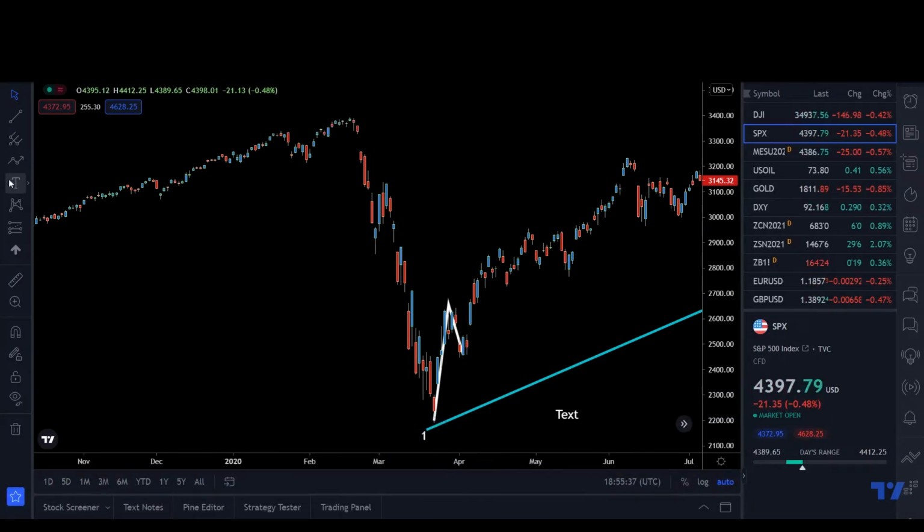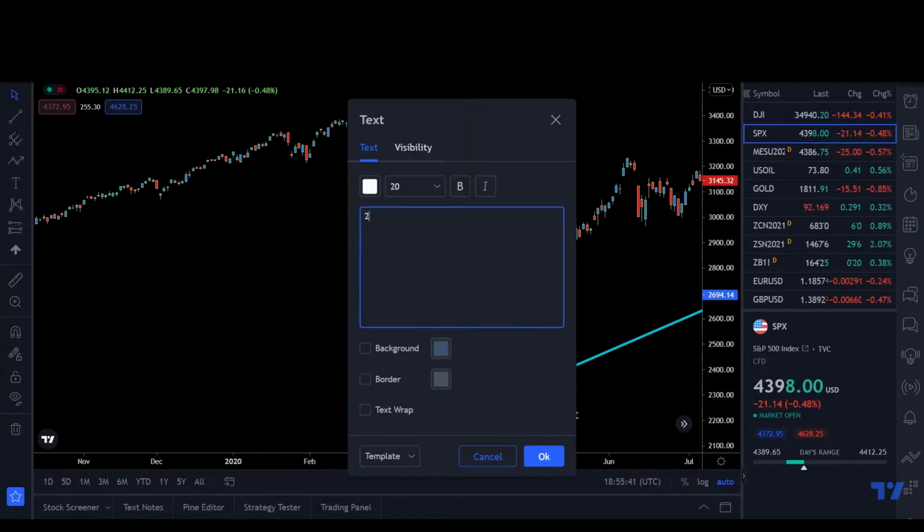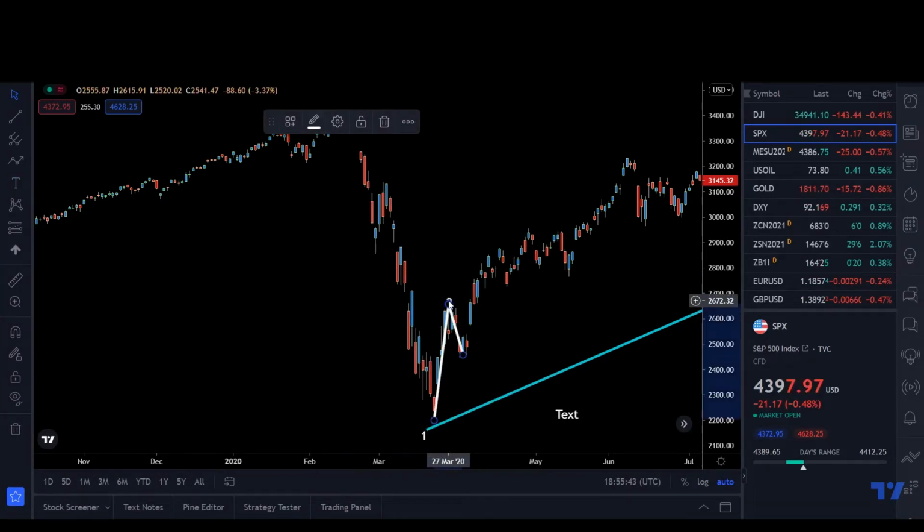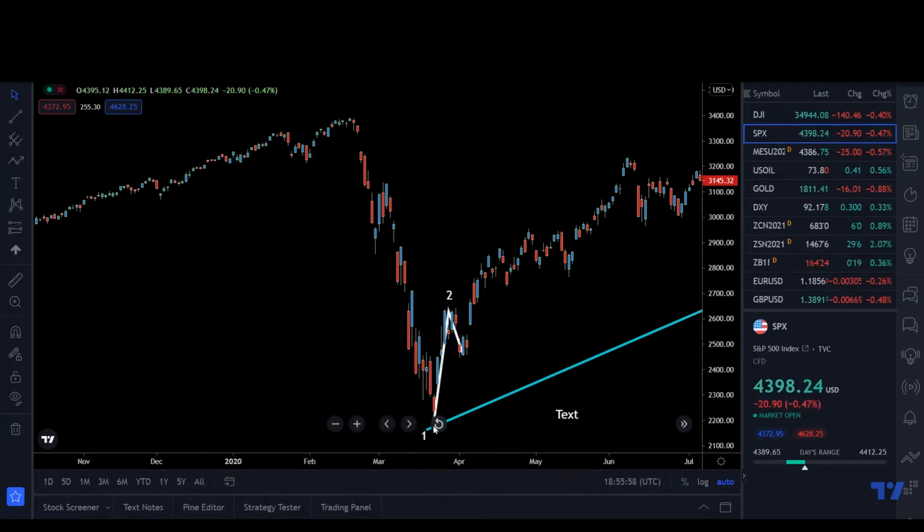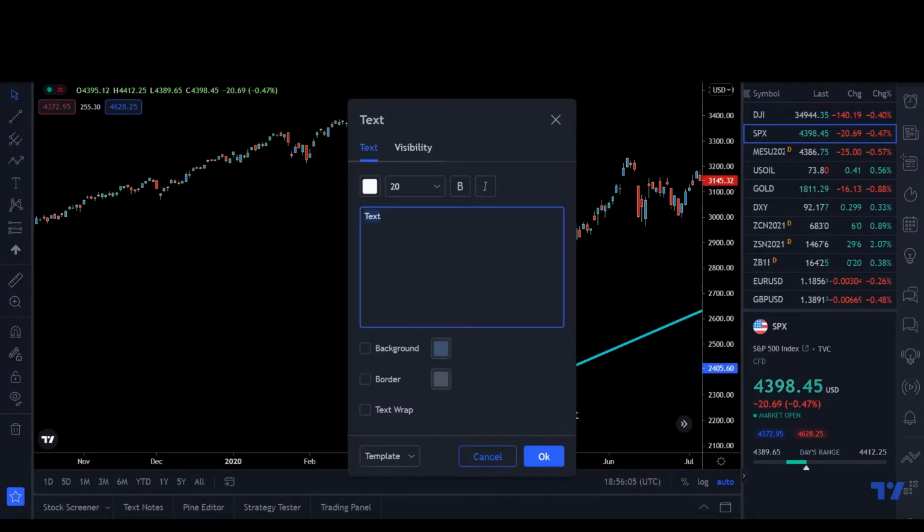The 2 point is over here, where it tried to move higher, and it did, but then it started pulling back, which creates the 3 point. Now, the 3 point is created because of the failure. What I mean by failure is you see how the market never made it back to the 1 point? That forms the 3 point. So here you go. 1, 2, 3.